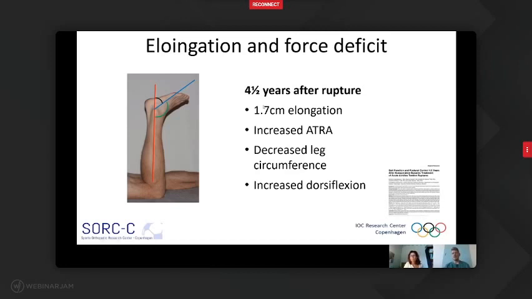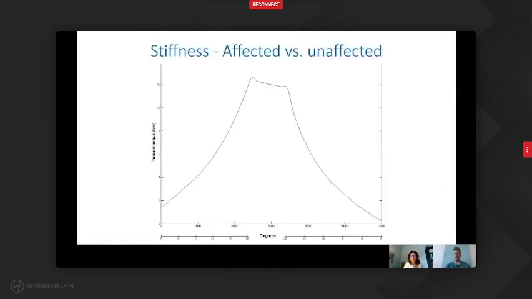We investigated 60 patients 4.5 years after rupture. We found they had 1.7 centimeter elongation. They had an increased Achilles tendon resting angle, which is also due to the elongation. They had decreased leg circumference, and they had increased dorsiflexion. So they ought to have a worse proprioception.